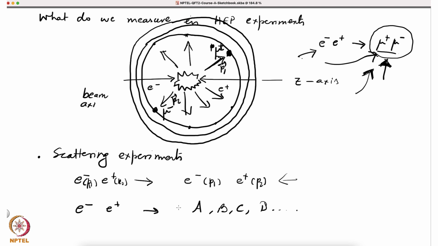Now, before I start looking at scattering and try to figure out how to answer questions regarding probabilities of certain outcomes, let me first look at the structure of the S matrix, and then we will go on to a more detailed study of scattering.